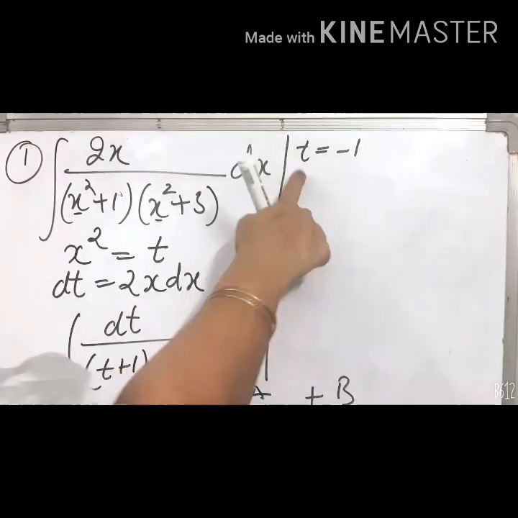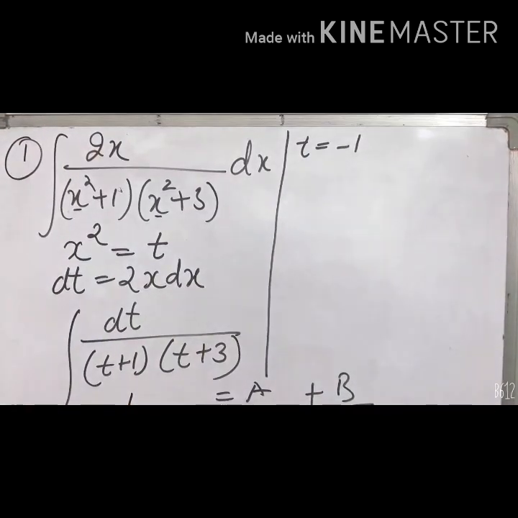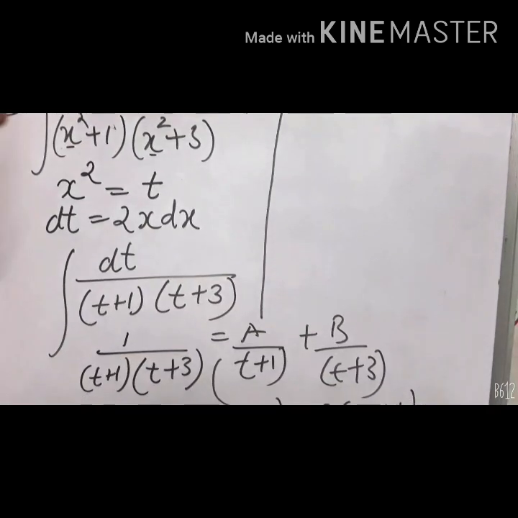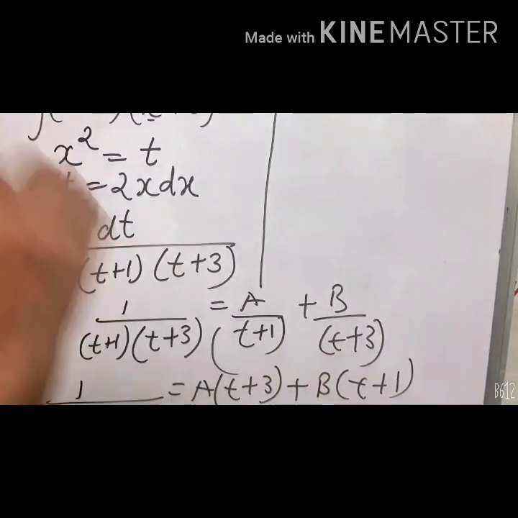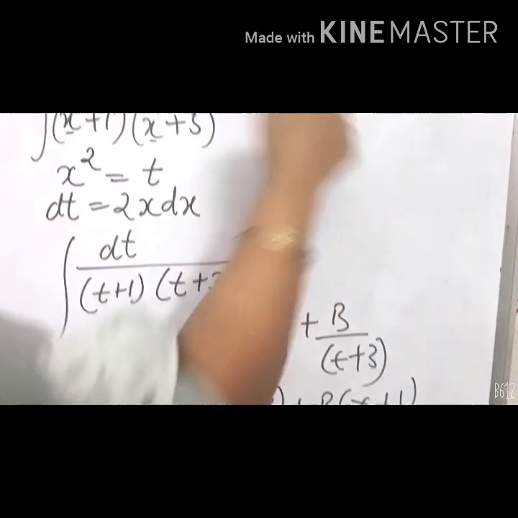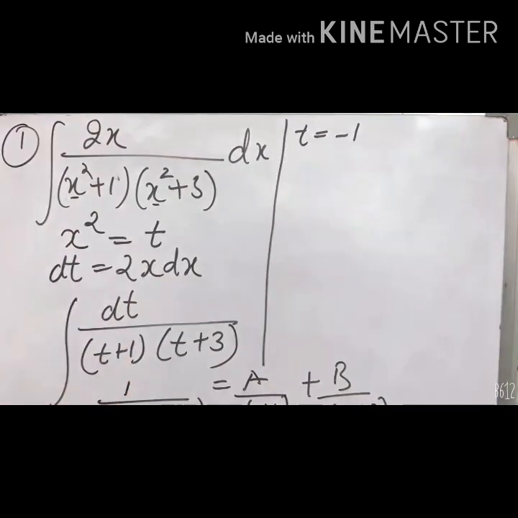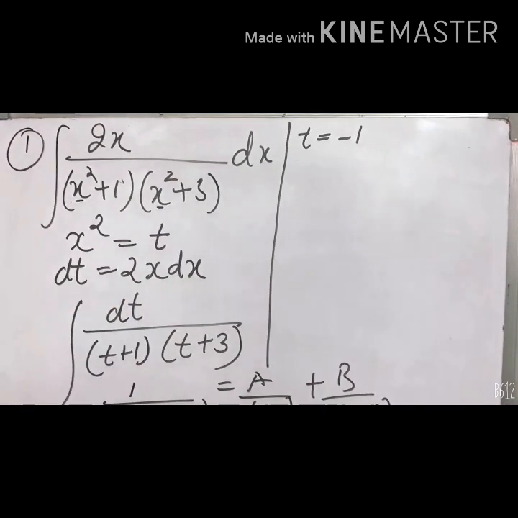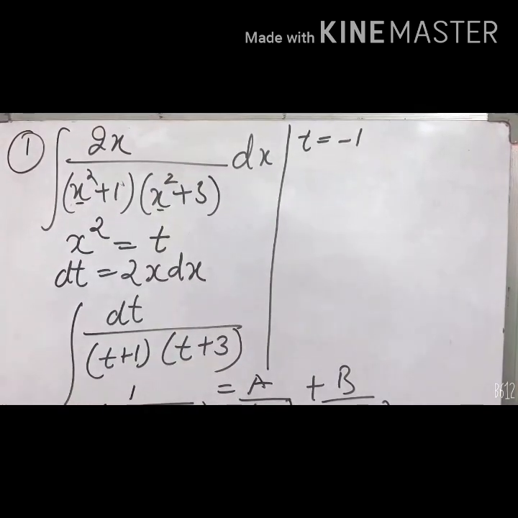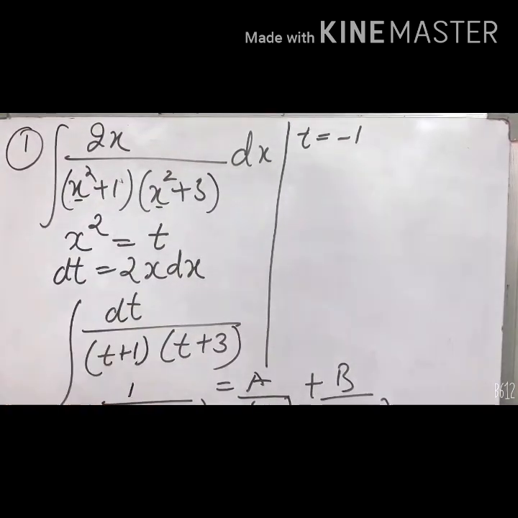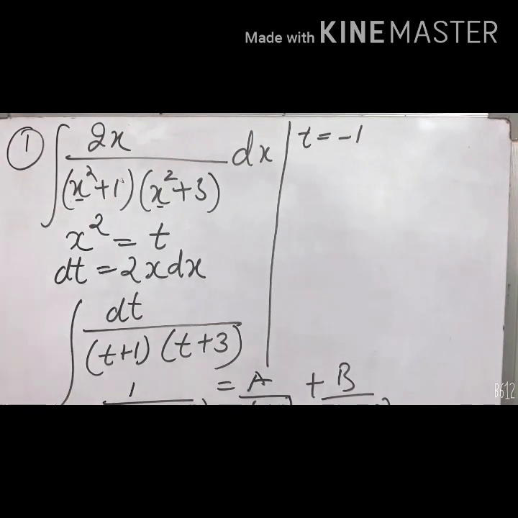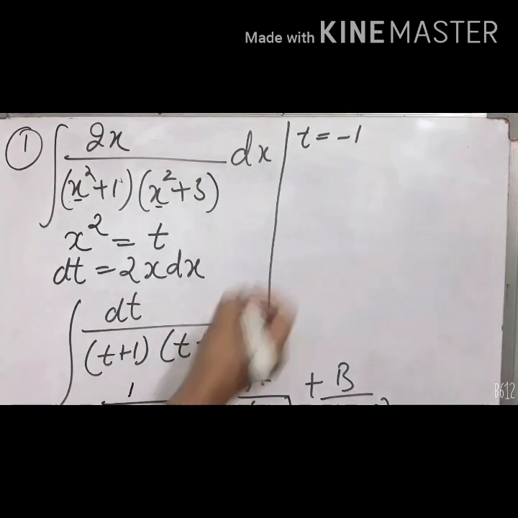You will ask why you put t is equal to minus 1. I checked what is added to t. It is plus 1. That is why I put minus 1. If it would be minus 1, I will put plus 1. Means you need to put the opposite of that. So one of the constants becomes 0 to get the other constant. This is the procedure to find out the constant ka values.